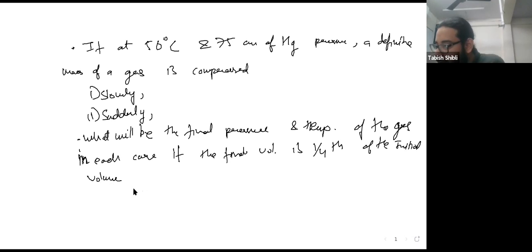Do I have to give you something else? I have to give you gamma. Gamma is equal to 1.5.